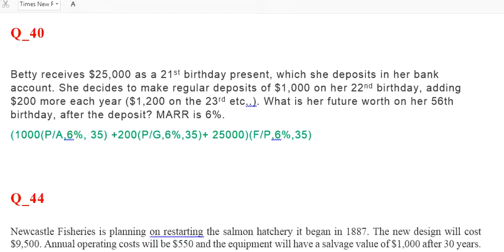So 21st to 56th gives us 35 years, and that's option D, which is 1000 P given A, 6%, 35 years, plus 200 P given G, 6%, 35 years, plus 25,000 the original deposit, all multiplied by F given P, 6% for 35 years.